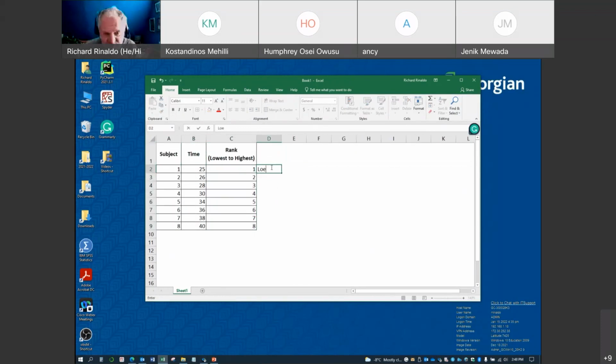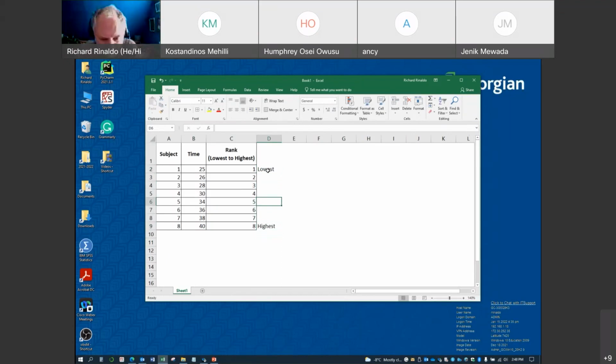Rank, this is the lowest. This is the highest. So the rank is where the person sits when I rank them from lowest to highest.